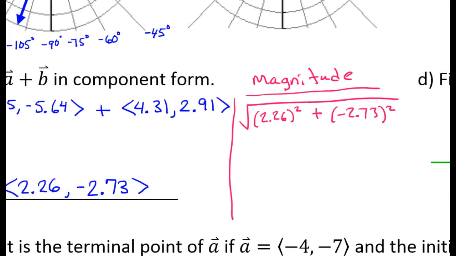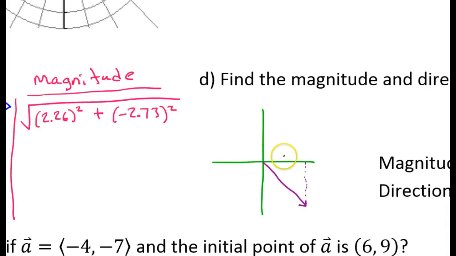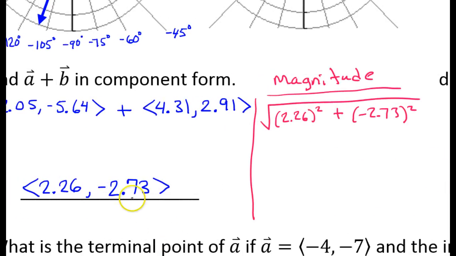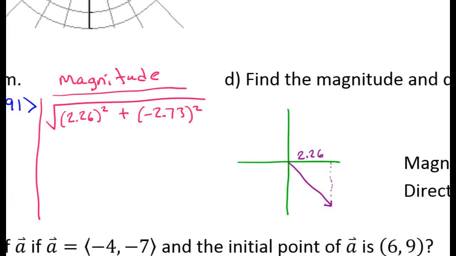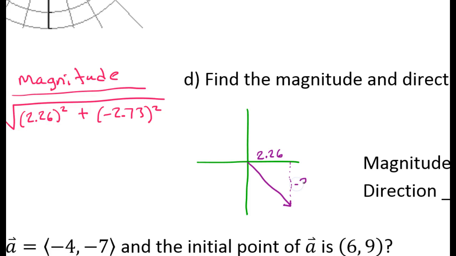So it was right 2.26, so that means this is 2.26, and then it was down 2.73. That means this side is down 2.73.